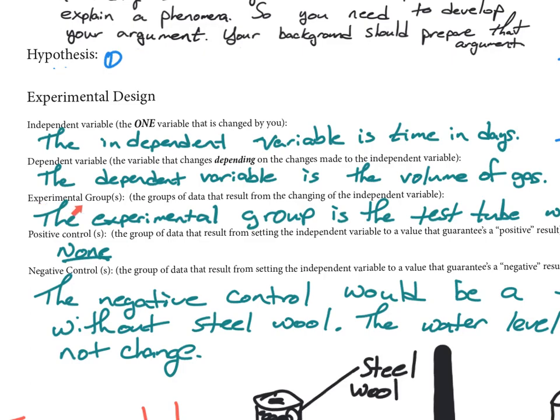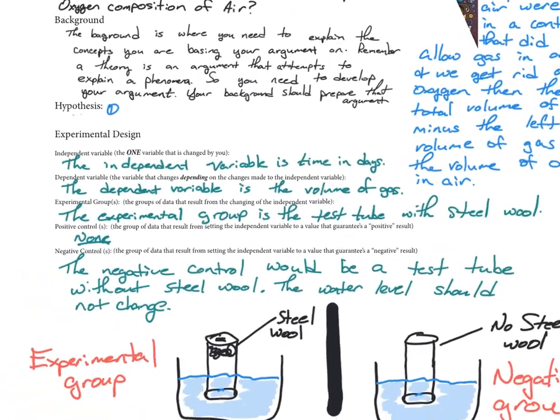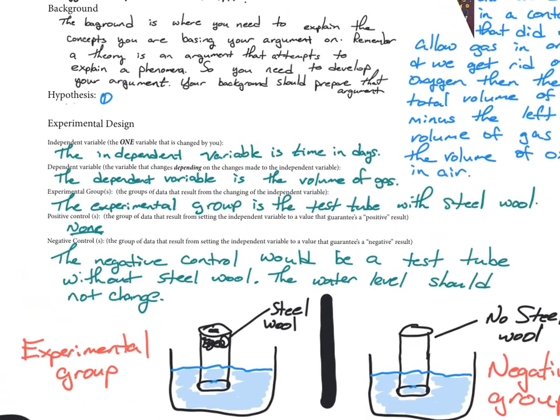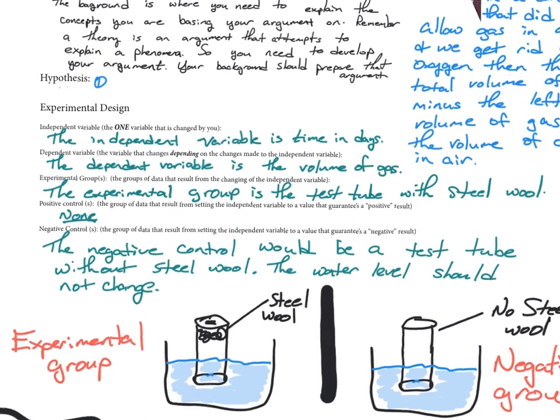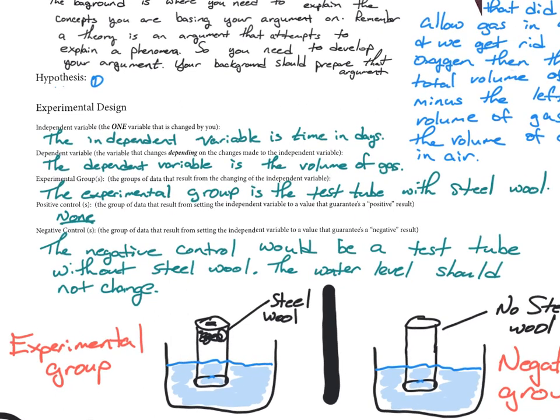All right, experimental groups. There's several groups in an experiment, and the experimental group is the data that results from you changing the independent variable, right? The experimental group is the one that you're not really quite sure what the answer is going to be. Maybe the volume goes up, maybe the volume goes down, maybe there's no change in the volume. So that experimental group is the group you're interested in looking into.